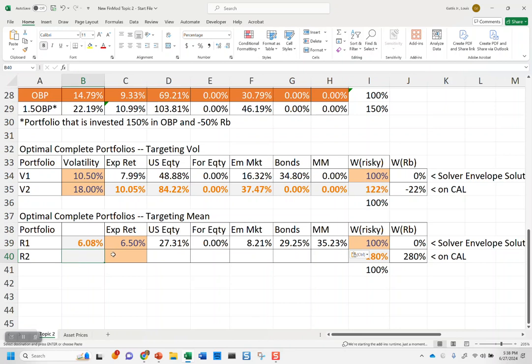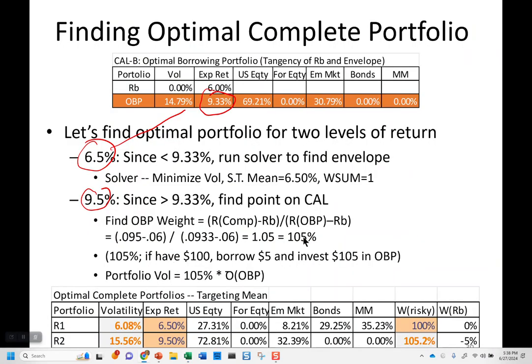And then the last problem is, how do I build the best 9.5% mean portfolio? Slightly different formula than last time. If you're targeting a mean, you can't just take a ratio of the 9.5 and the mean of the optimal borrowing portfolio. What you have to do is use this equation.